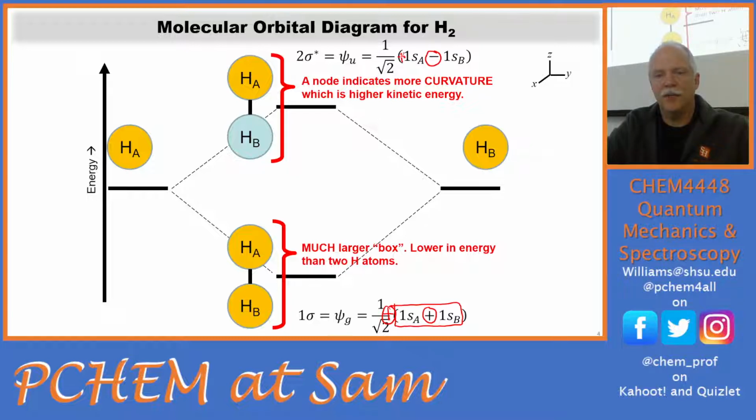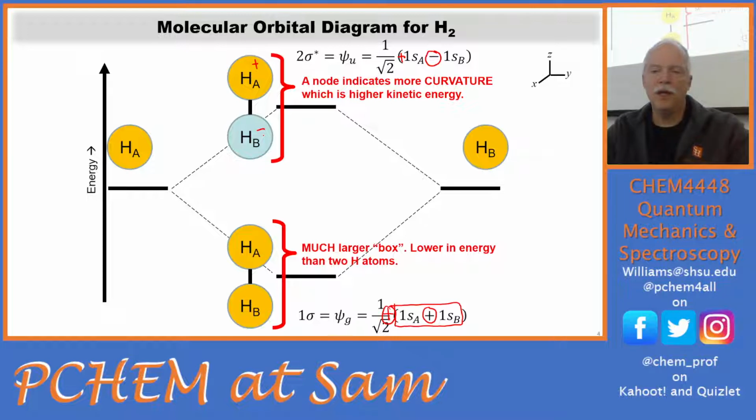So the 1s on atom A has a plus in front of it. It's omitted because we don't typically put a plus in front of our numbers if they're positive. But we have a plus 1sA minus 1sB. That means they're out of phase. That means they're different colors. Okay. So we might call this one plus and minus here. Make sense? Okay, so that's that little shorthand, and we're going to use that also through the next couple of weeks.